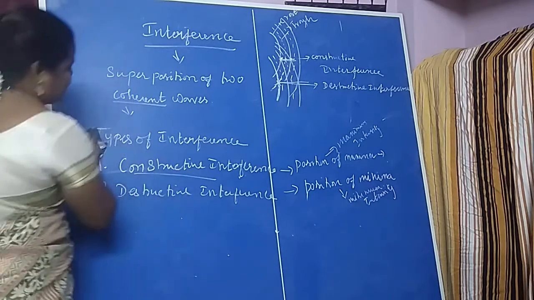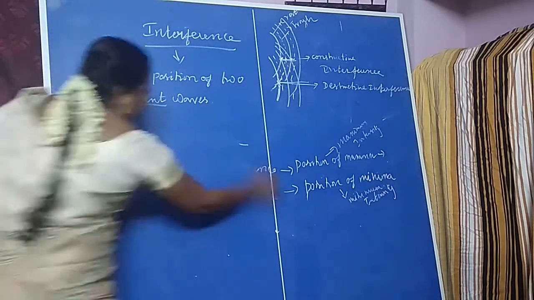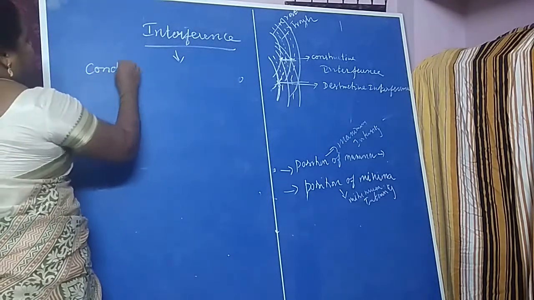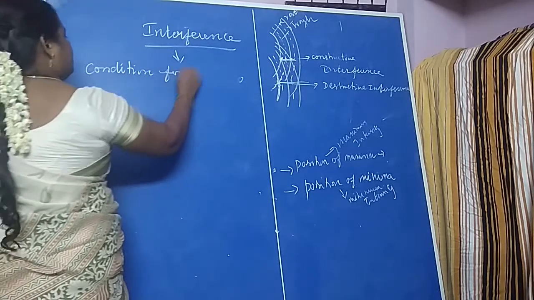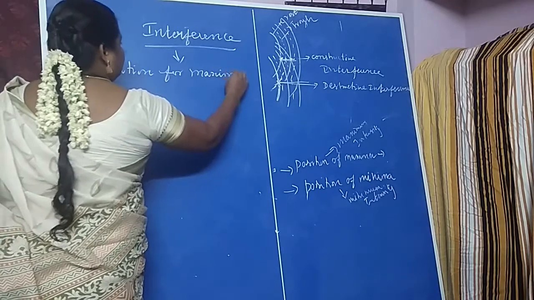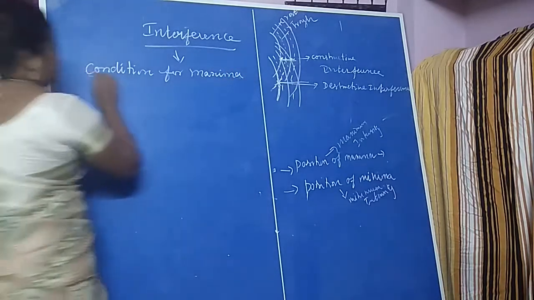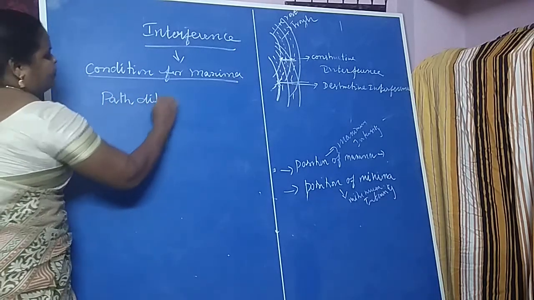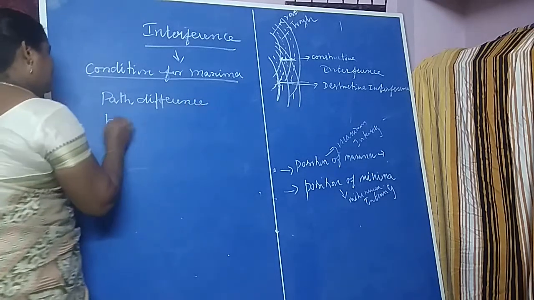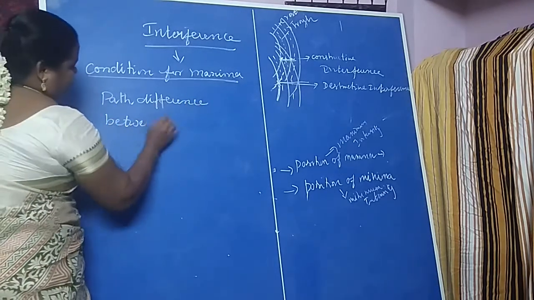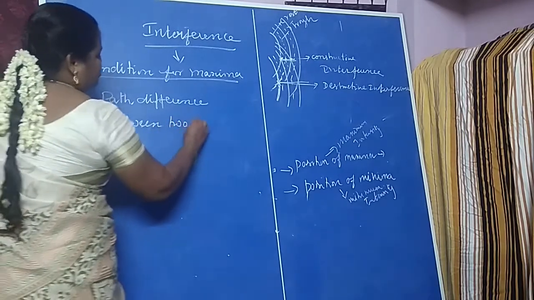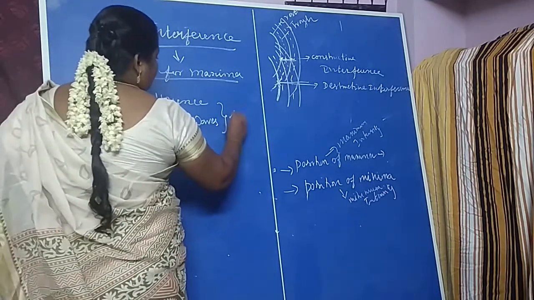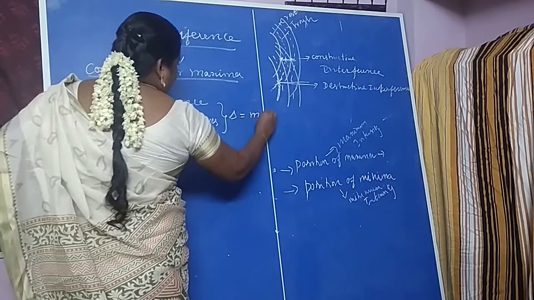Then the condition for maxima and minima. For the condition for maxima, the path difference between two waves, represented by delta, is equal to m lambda.